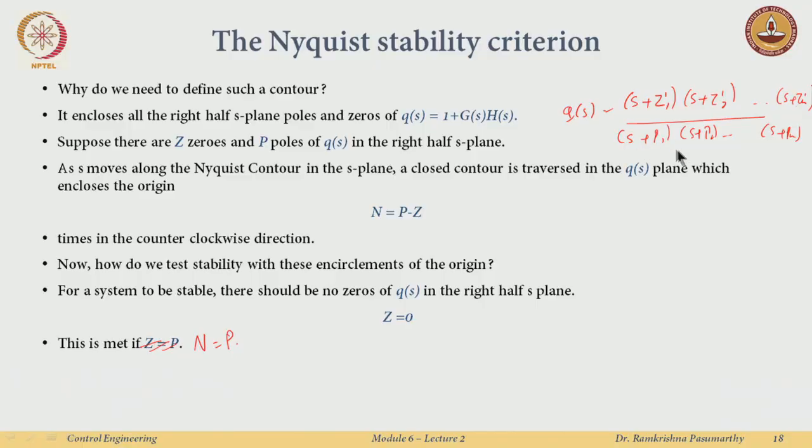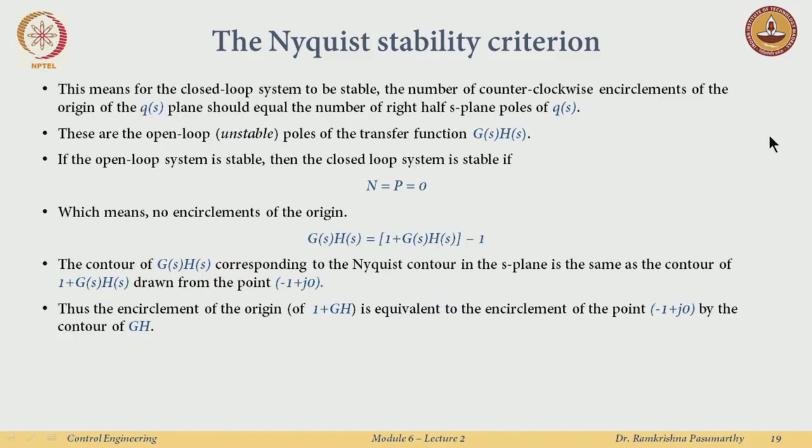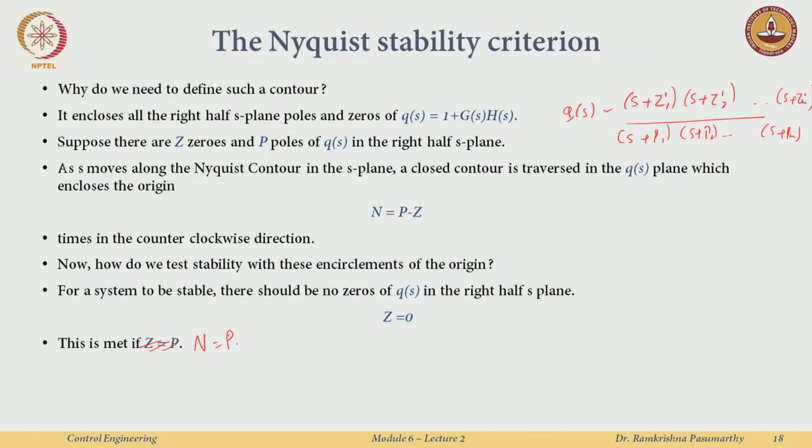That should match the number of poles from P1 till Pn on the right half plane. Okay. This means that for the closed loop system to be stable, the number of counterclockwise encirclements of the origin of the Q(s) plane should equal the number of right half s plane poles. That is what I just explained.